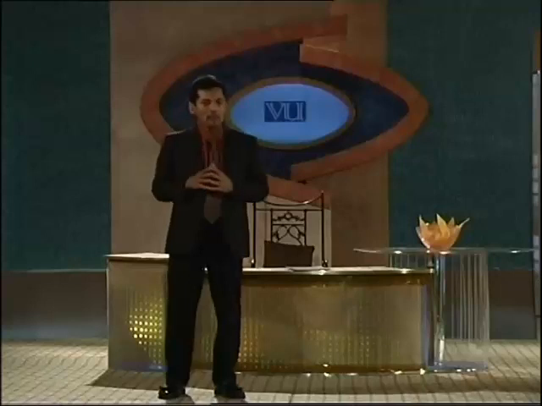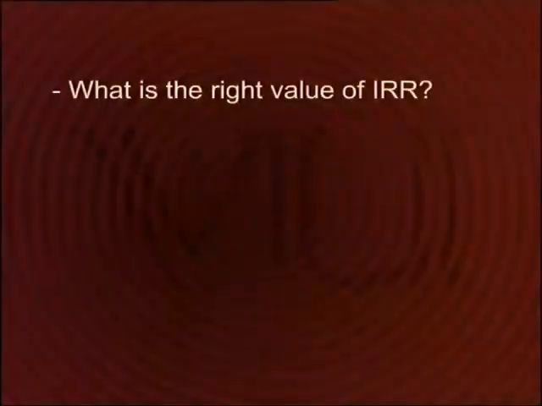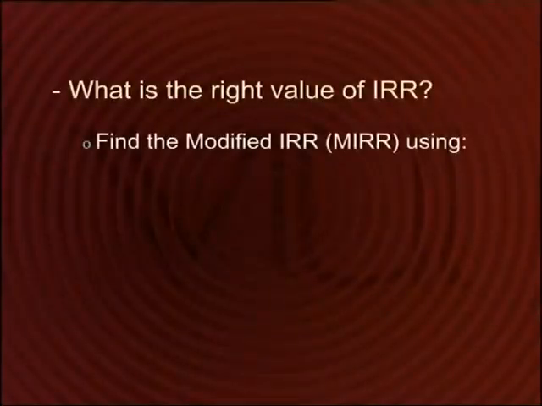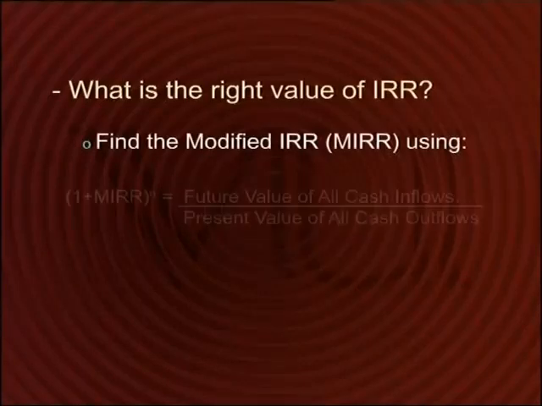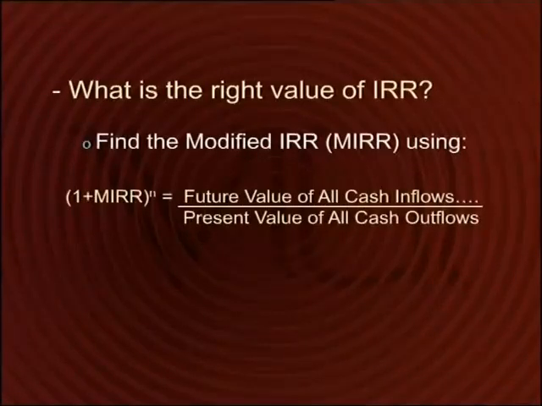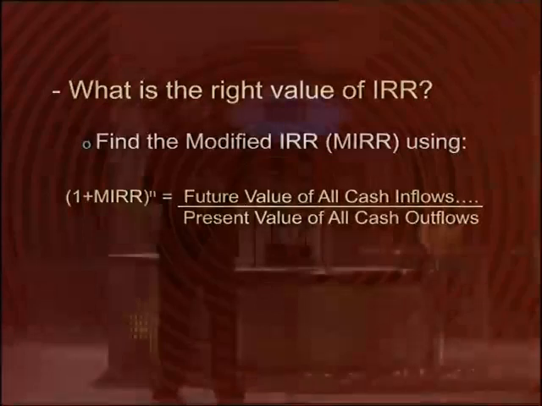So the formula for the modified internal rate of return is equal to the future value of all of the cash inflows divided by the present value of all of the cash outflows.